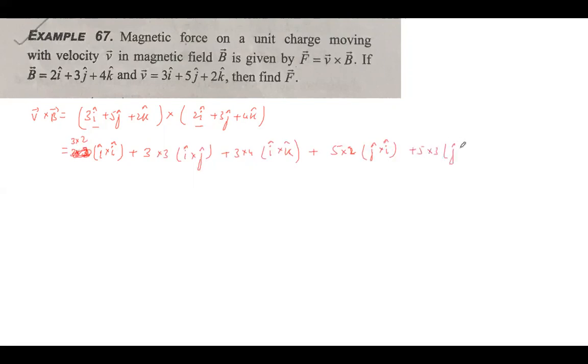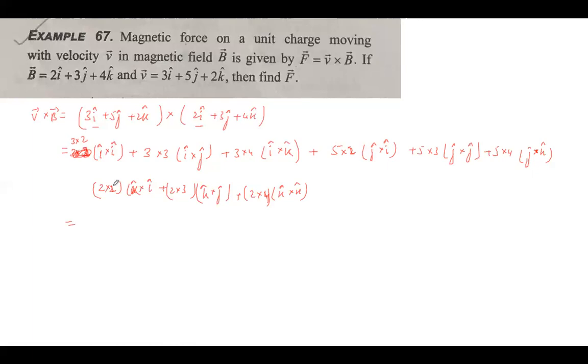5 into 3, j cross j, 5 into 4, j cross k, then we have 2 into 2, k cross i, 2 into 3, k cross j, and 2 into 4, k cross k.